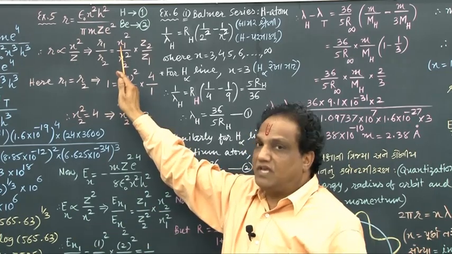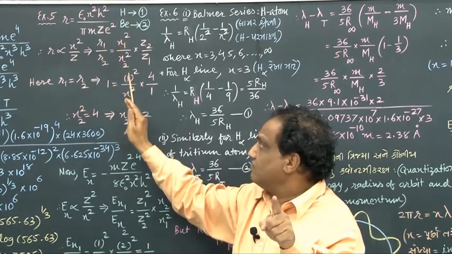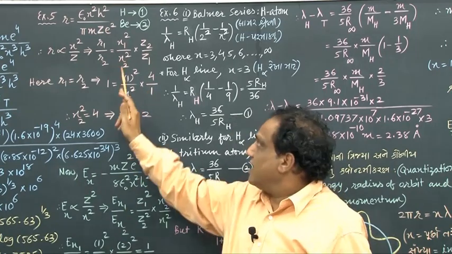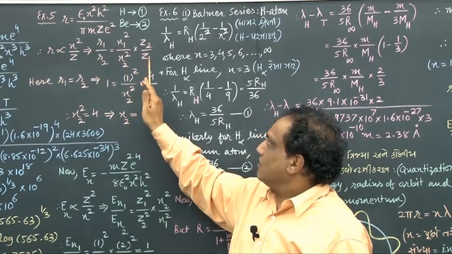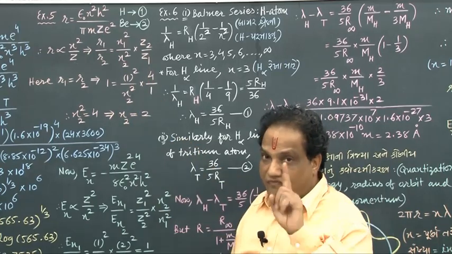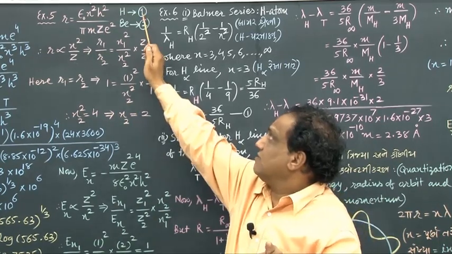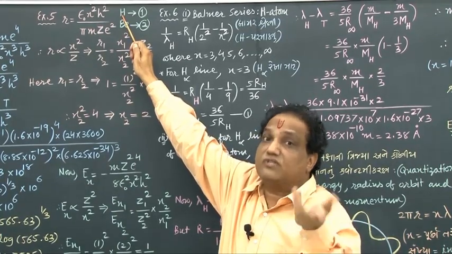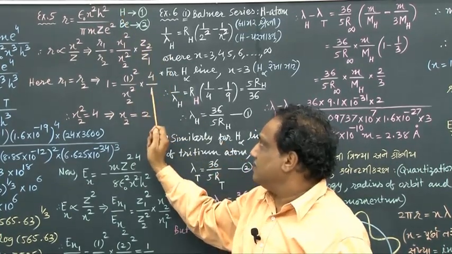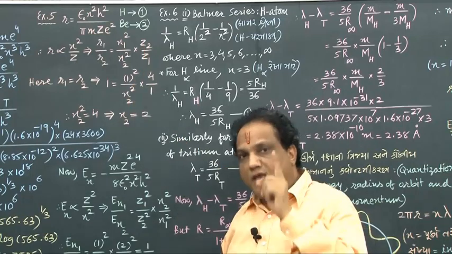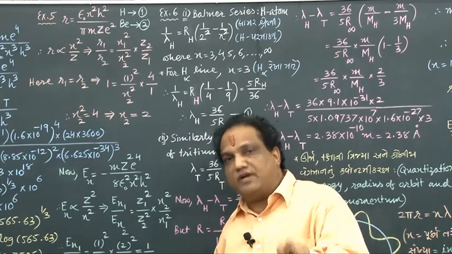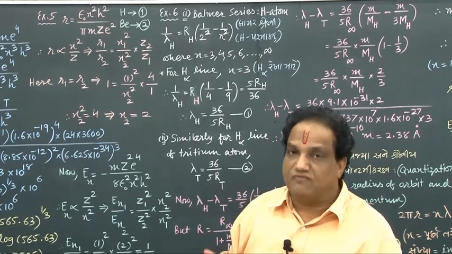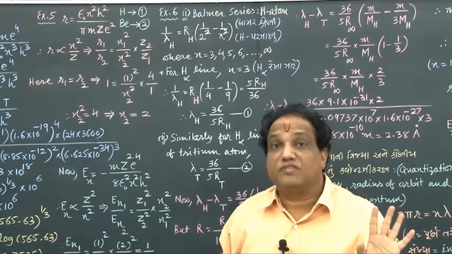For hydrogen they are given the ground state, so N1 is 1. What about N2? That is what we require, so N2 square as it is. What about Z1? Atomic number of the first element, which is right now hydrogen, is 1. So Z1 is 1. What about Z2? Atomic number of the second element, which is right now beryllium. From the periodic table, for beryllium the atomic number is 4.